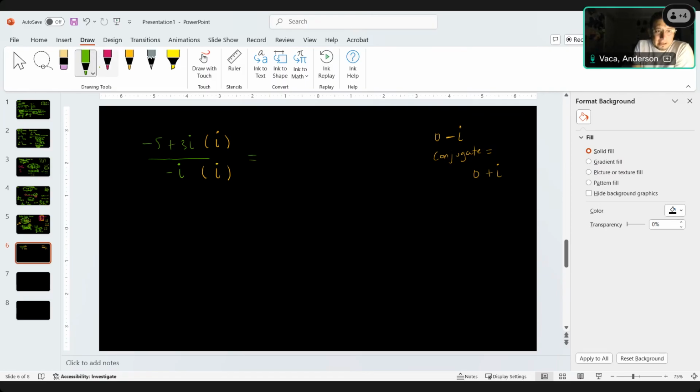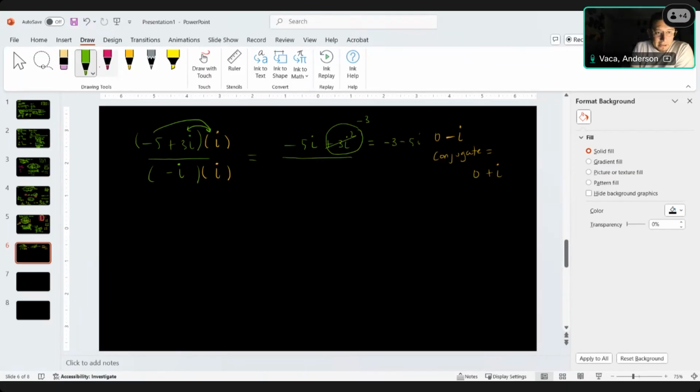So this is going to be slightly easier than the previous example because we have distribution. That will be negative 5i. Here we have positive 3i squared, but I'm going to circle this because something is going to change. That positive 3 becomes negative 3 because of the i squared. So that is negative 3 minus 5i.